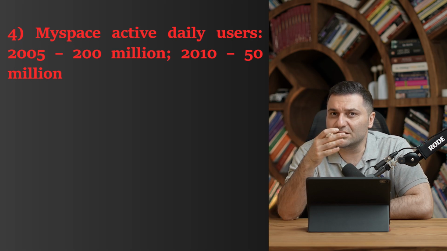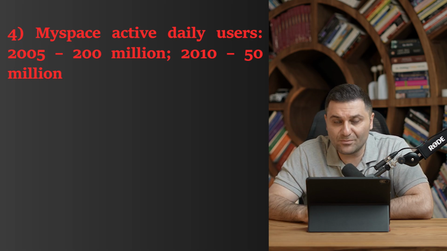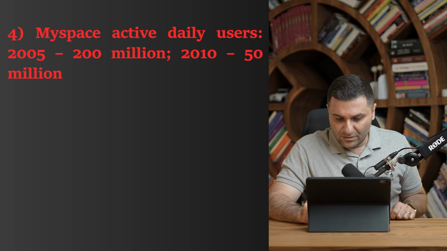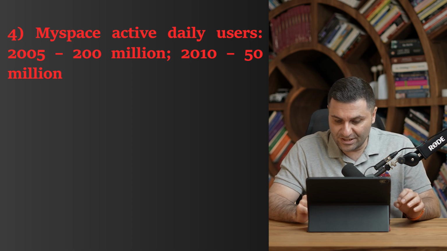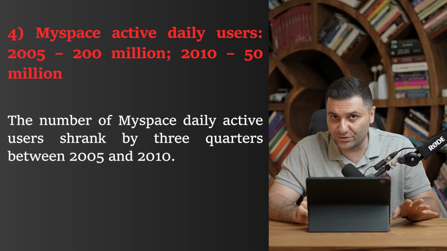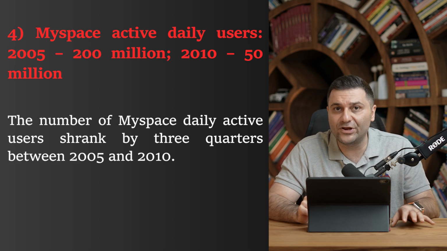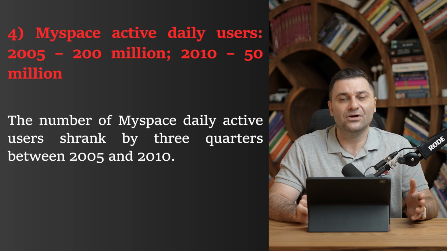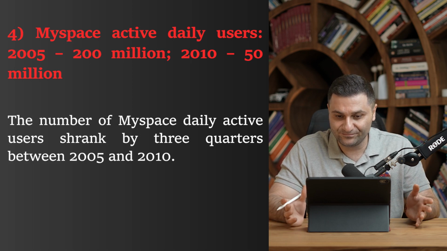So we can say that it shrank by 3/4, right? Shrank by 3/4. Now, our sentence will be: the number of MySpace daily active users shrank by 3/4 between 2005 and 2010.